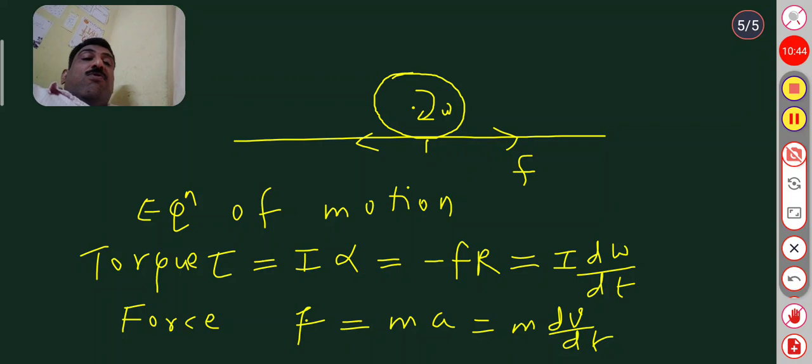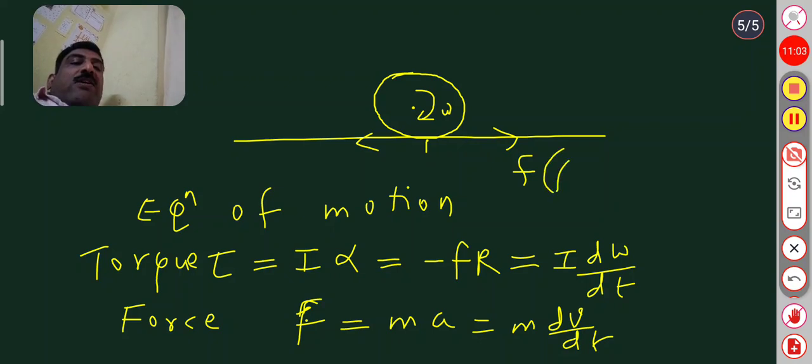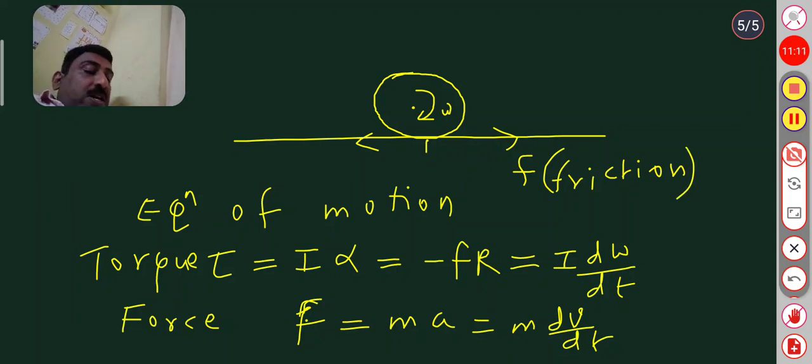This is the only force which is acting on this flywheel. The acceleration on this flywheel is only because of the friction, isn't it? So force of friction is given by m into a, which is equal to m dv by dt.